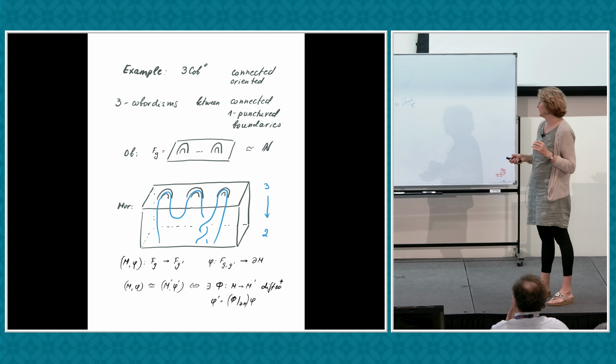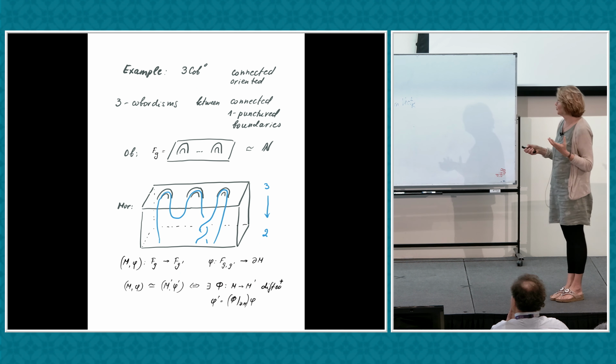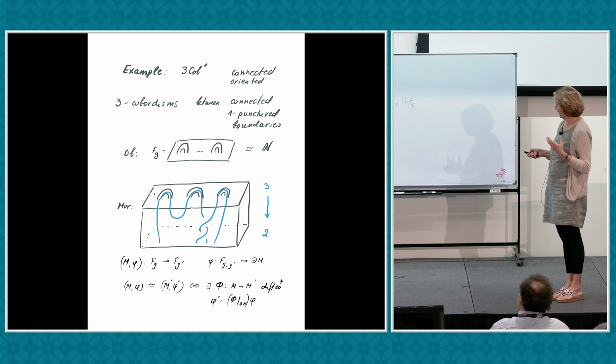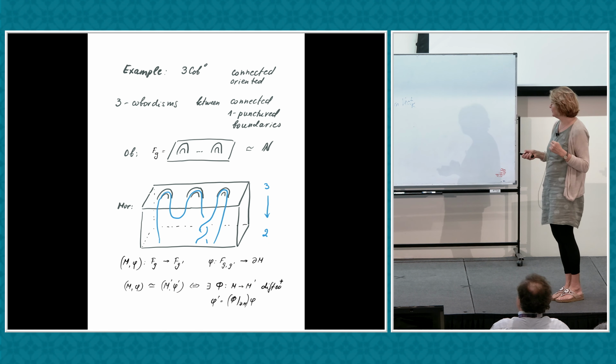In order to think about arbitrary manifolds, you need to supply the manifold with a parametrization of the boundary. And you consider two such three-manifolds together with parametrization to be equivalent if these manifolds are diffeomorphic, by an orientation-preserving diffeomorphism, and this diffeomorphism, restricted to the boundary, intertwines the parametrization.